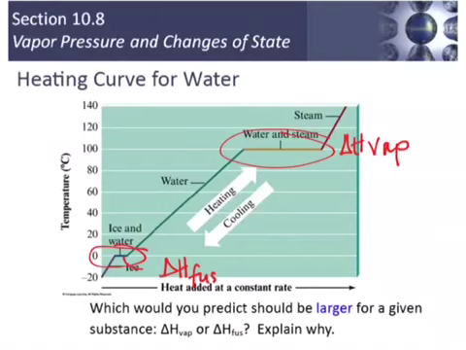So the largest one's going to be delta H of vaporization, and why is it larger?